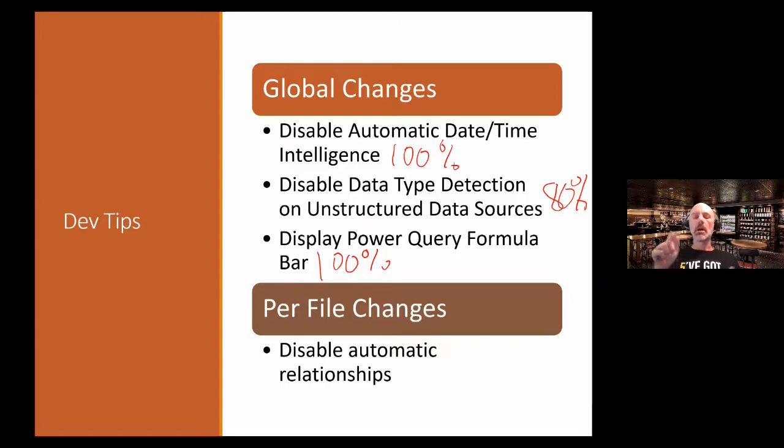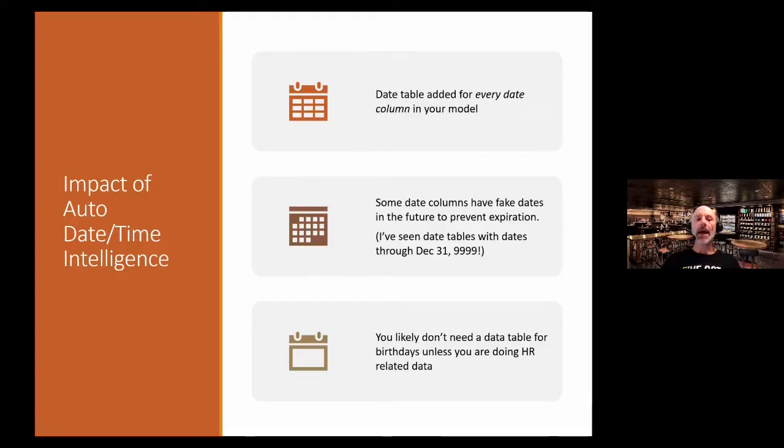I don't care if I have 10 tables and I got to drag 50 things around. I would rather do it myself and know exactly what's done than have Power BI do it for me. But I would say this one's 50%. But it forces me to go through and look at my data and make sure I know what I'm doing.